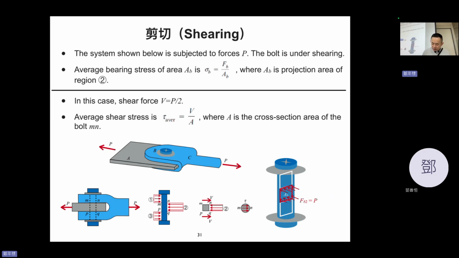If you see from this angle, you will see this view. Looking at the bolt, this P will drag the material here to the right-hand side. So what stops it?